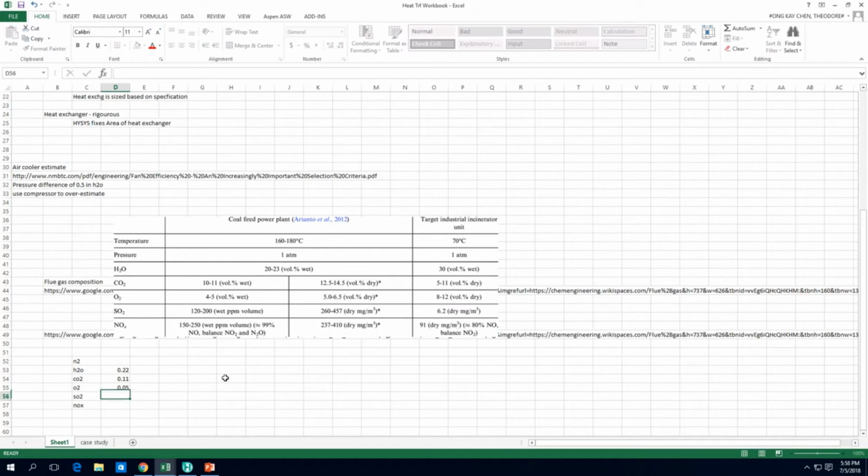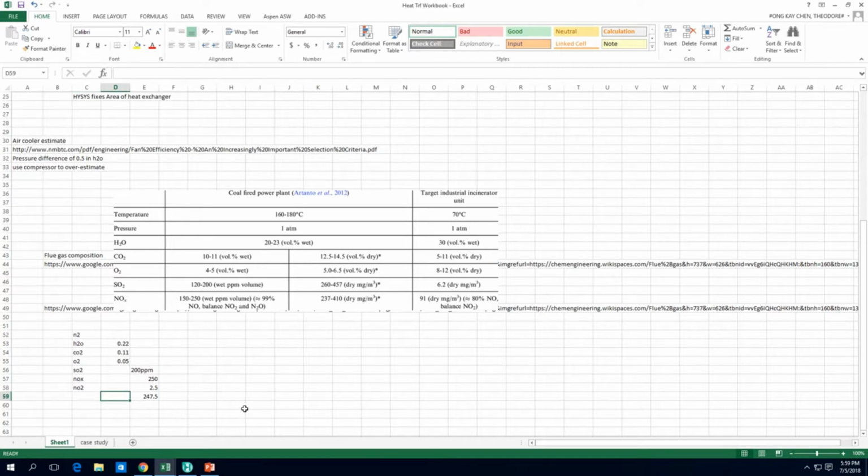Oxygen 0.05, SO2, let's say it's 200 ppm. NOx 250. So NO2 is 1% of the 250, 0.01 times this. Then NO is this times 99%, so 247.5.